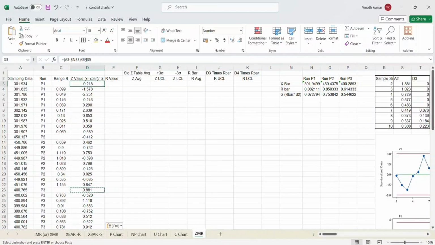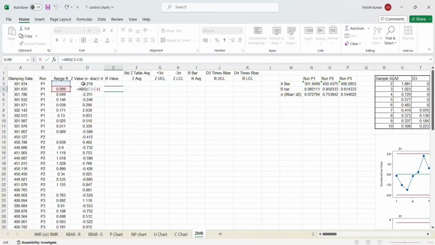z values. Now I need to have the absolute moving range of z values. So I copy paste the same formula because I will be able to get the absolute value of this value minus this value.